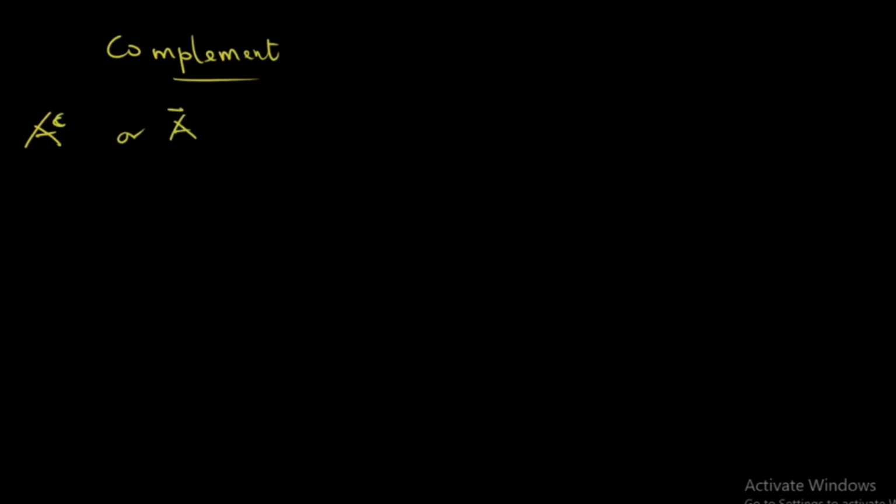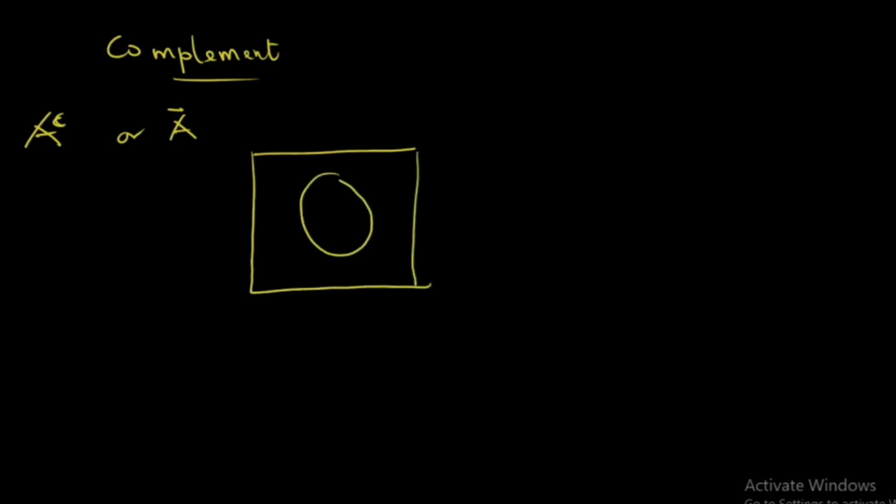It is the set of all elements that are in the universal set S but are not found in A. So let's use the Venn diagram to represent that. We have this, and this is our A, and this is our S. So the complement is this shaded section.